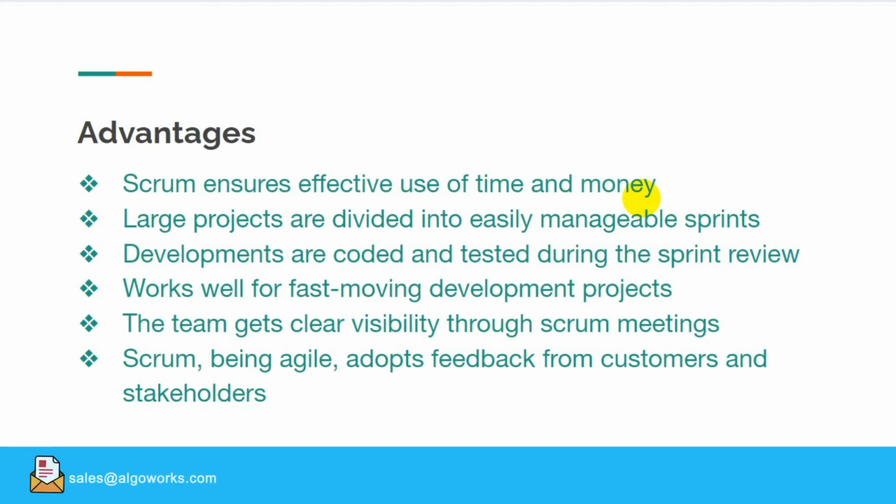And since the development can be handled in parallel, manageability is better, so all these things can move in parallel and are normally developed as per the desired schedule or time frame. And because of the daily scrum meetings, the team gets good clarity of what they need to do and how they need to move forward with the overall development.